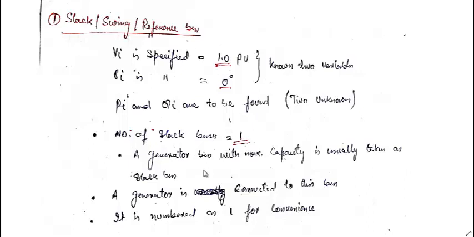A generator is connected to this bus, but the generator with the maximum capacity is usually taken as the slack bus, because we might have more than one bus with a generator connected, but the slack bus is the bus whose generating capacity is the maximum. For convenience, it is numbered as 1 in the system, because numbering is also important in load flow analysis, and we number the slack bus as bus number 1.